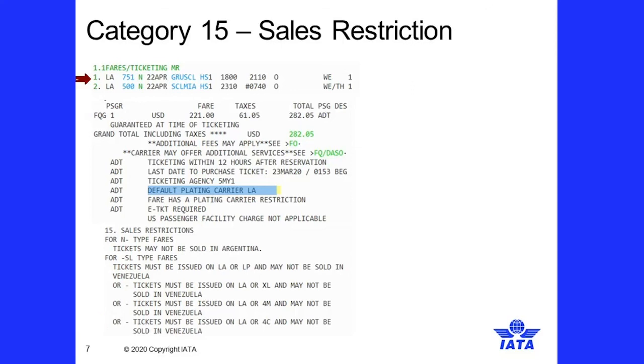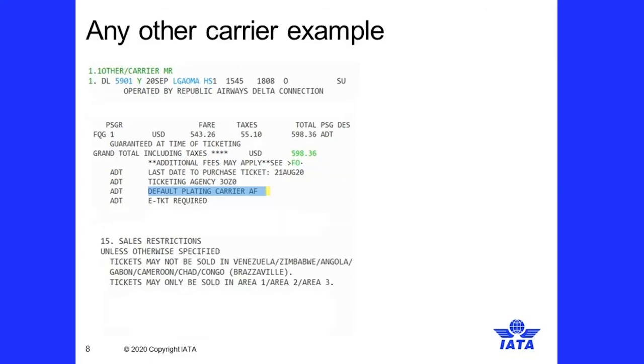But what happens, for example, Delta Airlines? On many European markets, they said, we are not going to have our plating carrier authority for travel agents. Most of the European countries, they don't. But by the default, they made a pre-agreement to do it with Air France. I took here on purpose Yankee class because we are covering more of the unrestricted fares.